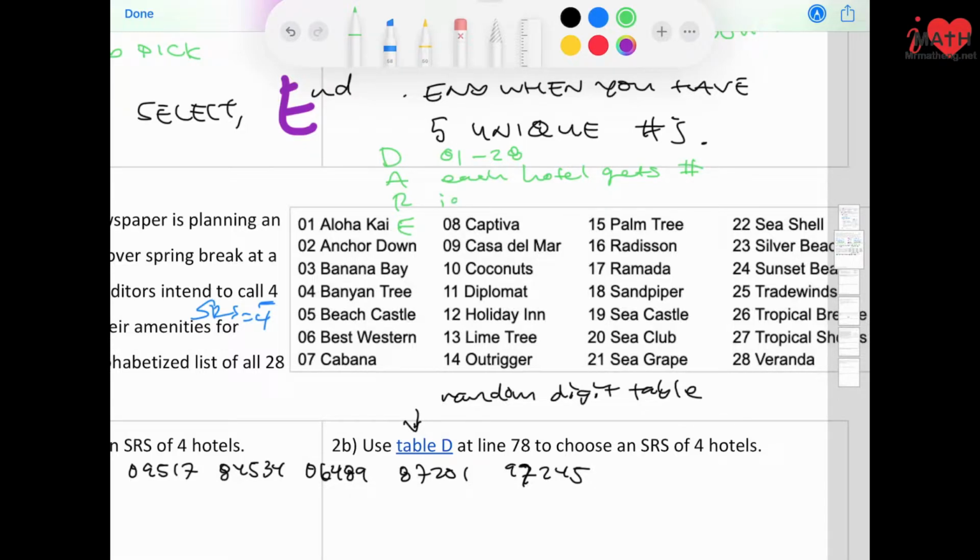Ignore repeats. Use the random digit table, and stop after 4 hotels. Right? If you think about it, that's what I'm doing here.